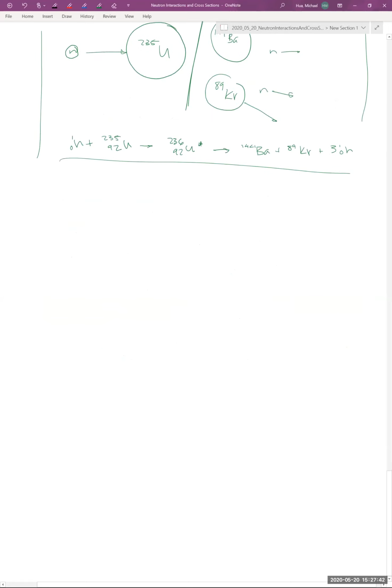And I guess what I want to note is, in our example, we've seen two interactions of neutrons with uranium-235. They both start the same, neutron plus uranium-235.